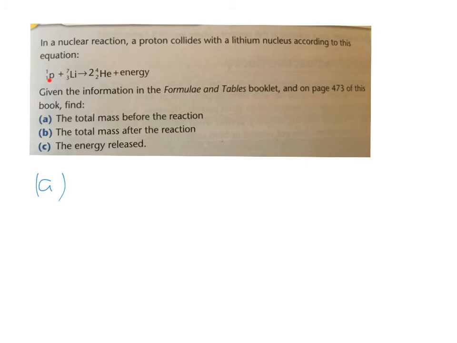Before the reaction, we have a proton and we have a lithium nucleus. Now, if you recall, in your log tables, they actually have the mass of a proton written out in the table of constants. It's around page 46 or page 47. So the mass of that proton is 1.6726 by 10 to the power of minus 27 kilograms.